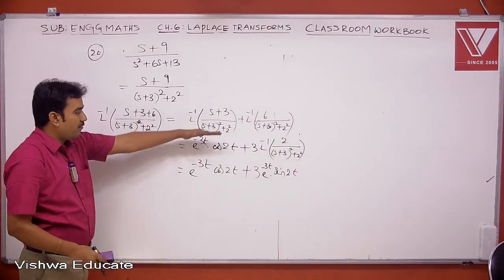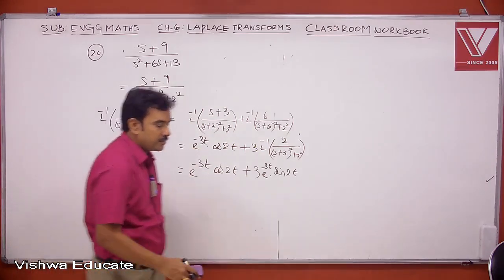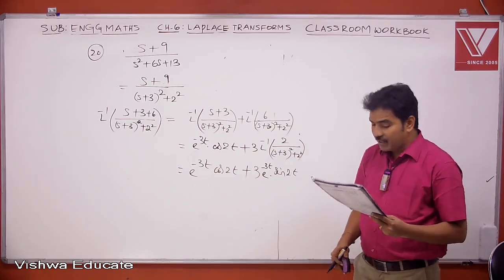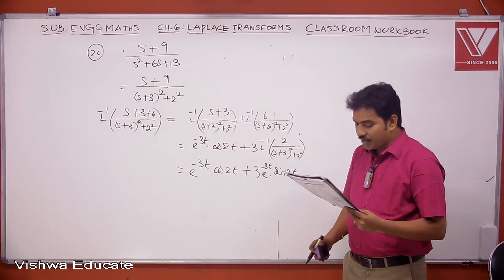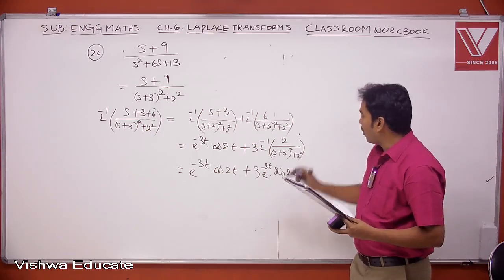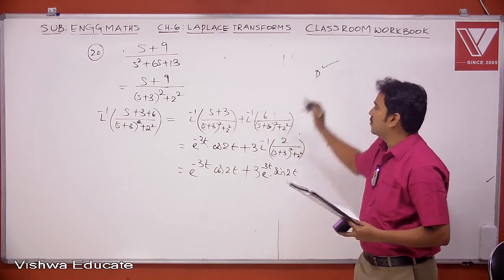Therefore the final inverse Laplace is e power minus 3t into cos 2t plus 3 times e power minus 3t into sin 2t. So option number D. Note this.